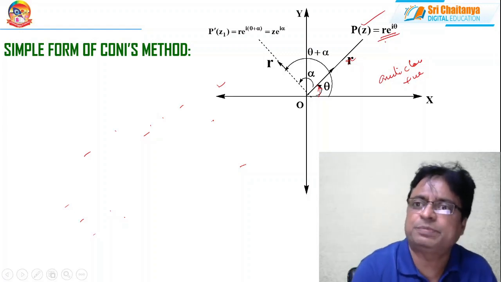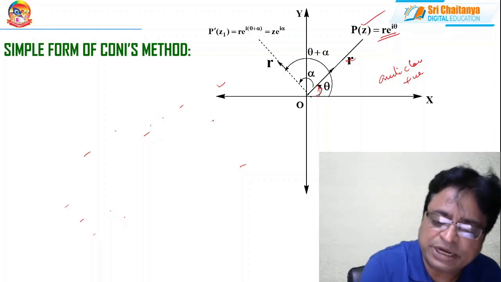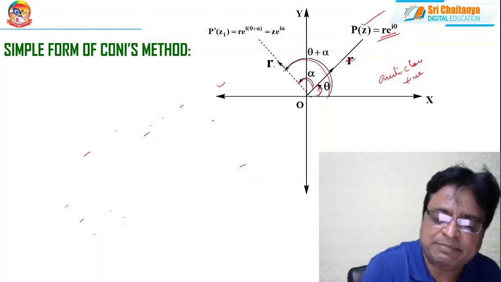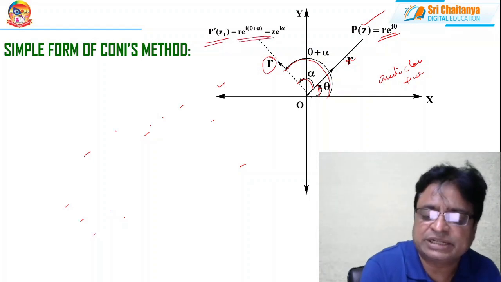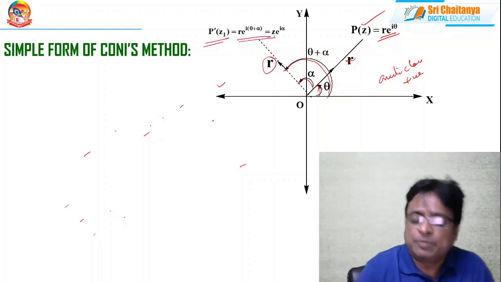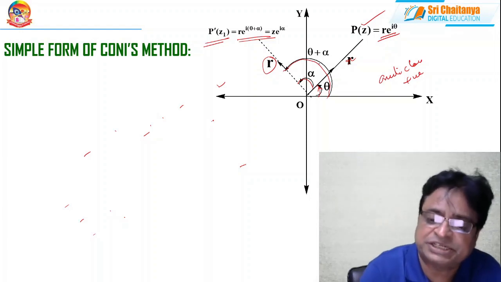This is the way to represent a complex number on an Argand diagram through Euler form. If I have rotated this through an angle alpha, then the total angle made by the same vector with the same magnitude r is theta plus alpha, in the anti-clockwise direction. If it is in the clockwise direction, I can represent that as r e power minus i theta.